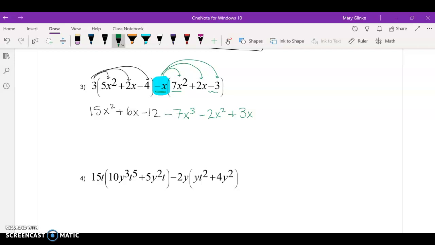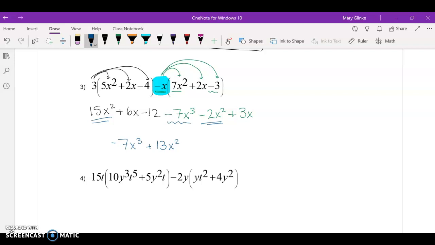So now we have multiplied everything through a distributive property. So it's just an issue of combining like terms and writing it in standard form. So we have this negative 7x to the third first. I have x squared would come next, so 15 minus 2 becomes 13. Here's where we leave it as x squared because we are adding.